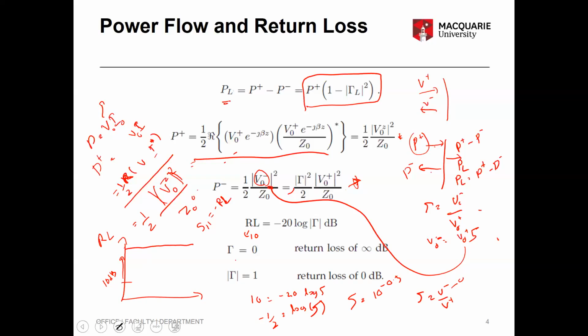That means 0.31. That means the answer is reflection coefficient is 0.31.